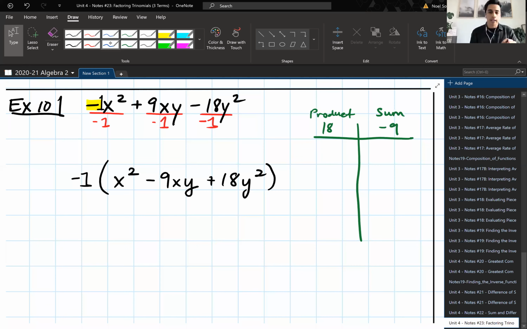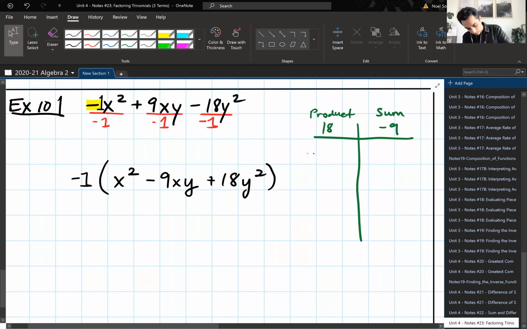6 and 3 would add up to be, remember that my sum needs to be -9. So 6 and 3 as is would not be the correct factors, right? We would need -6 times -3.